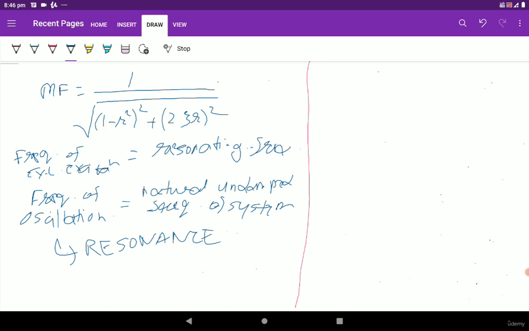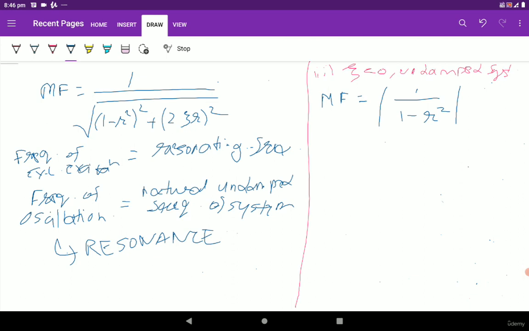Now moving to the third case. Here zeta is equal to 0. That is the case of an undamped system. So the magnification factor in this case is equal to mod of 1 by 1 minus r square.